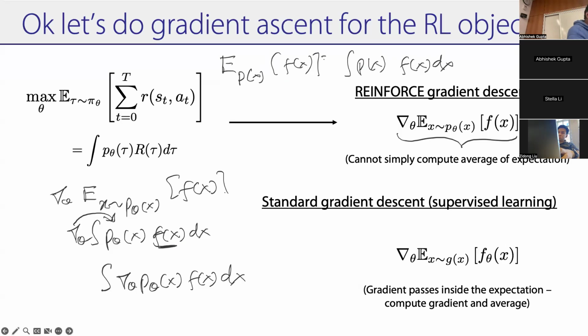Whenever you have an expectation, it has to be a probability distribution multiplied by a function integrated over a variable. This thing is not an expectation, because you actually have the gradient of p, not p. And so this by itself is not an expectation, and integrals are bad, expectations are good. So we don't have something that we can compute with samples, which is why this is hard. Does that make sense?